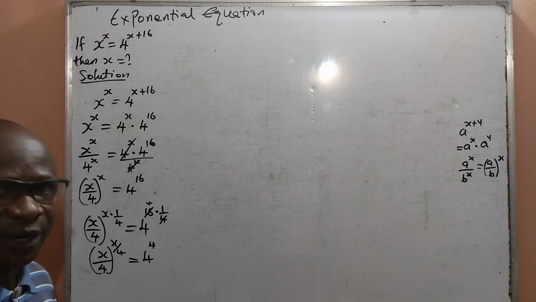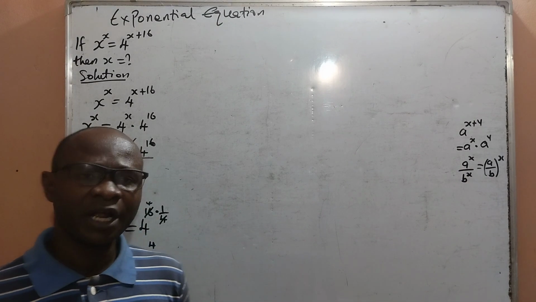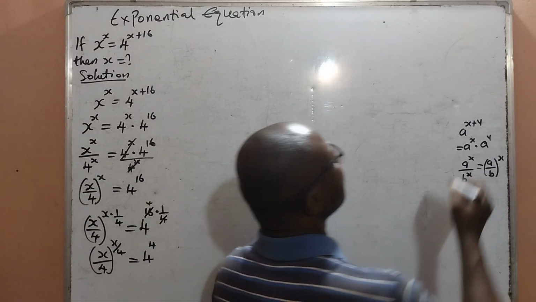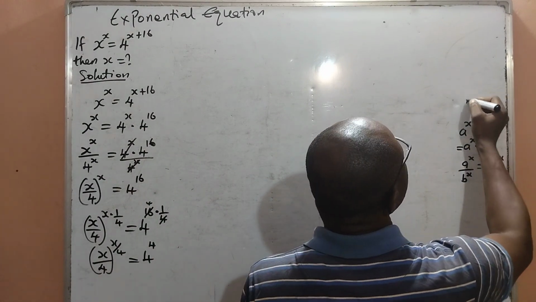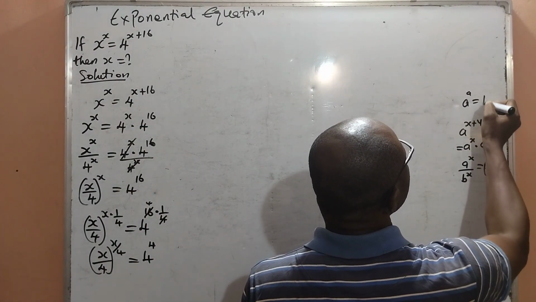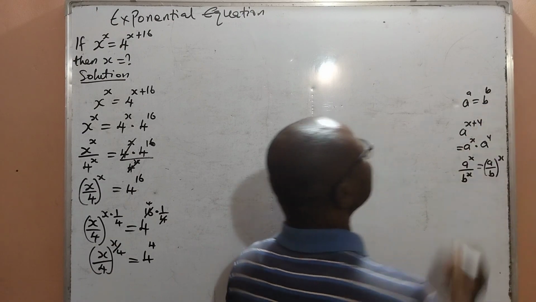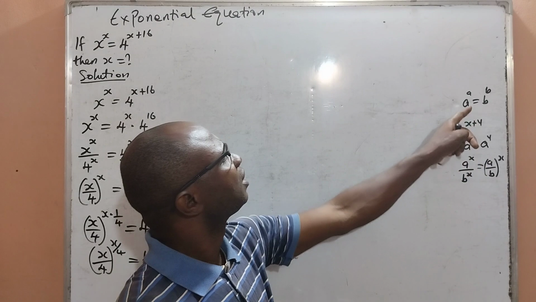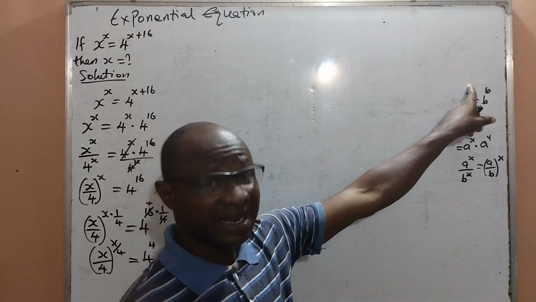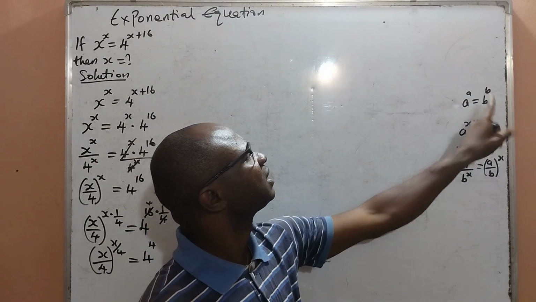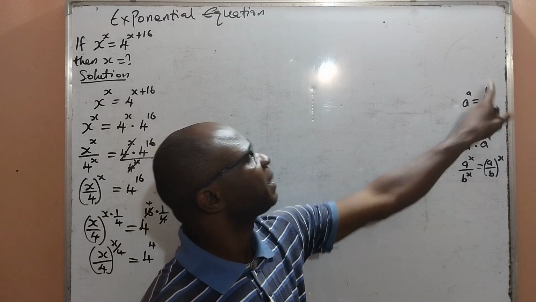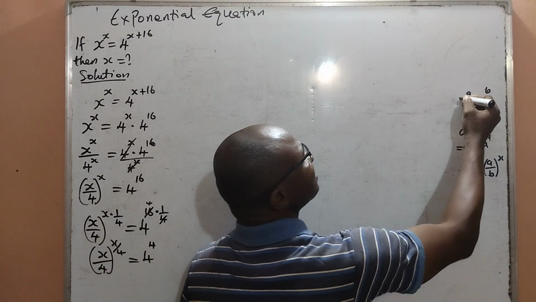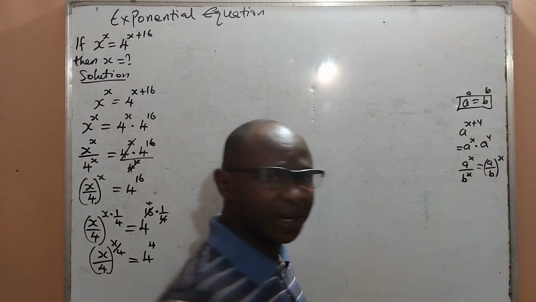At this point, I will also apply the law of indices that says that if I have a raised to power a equal to b raised to power b, it means that the bases are equal or the powers are equal. When the base and the power are the same, and from the right hand side the base and the power are also the same, it means that the bases are equal.